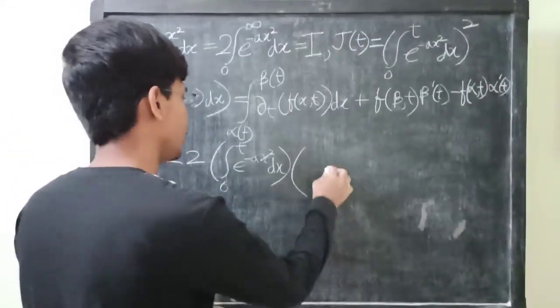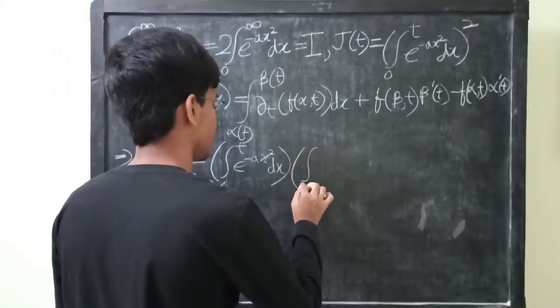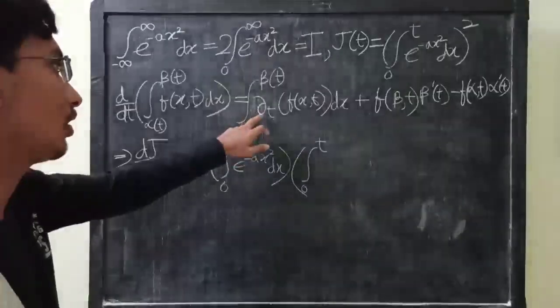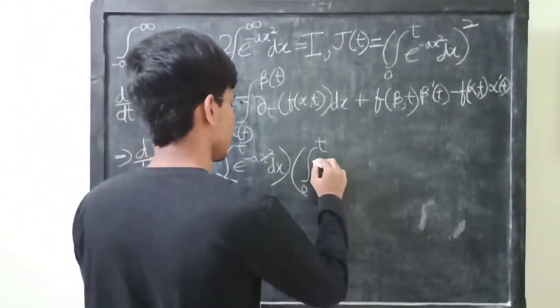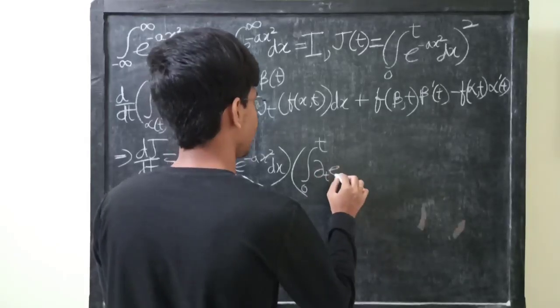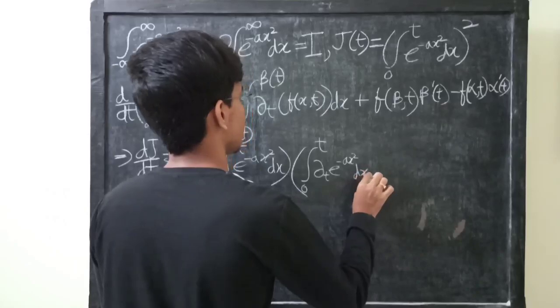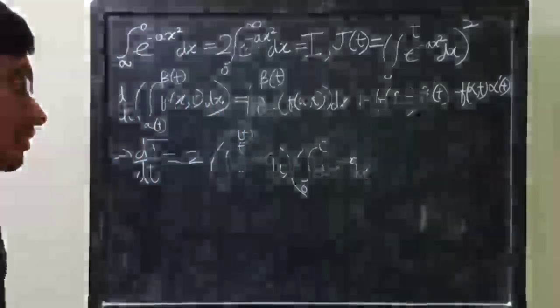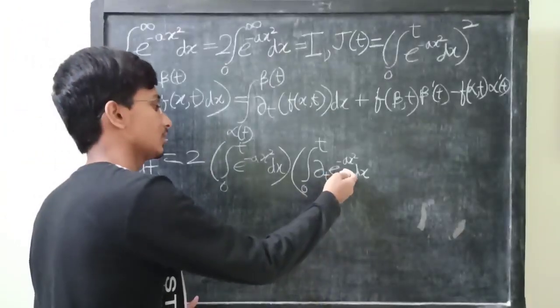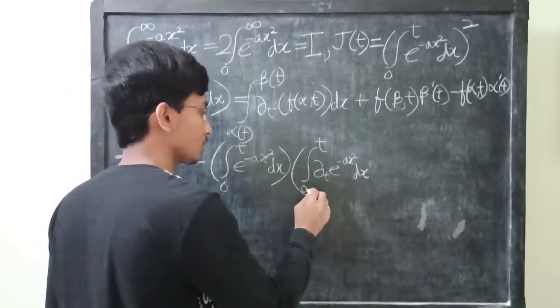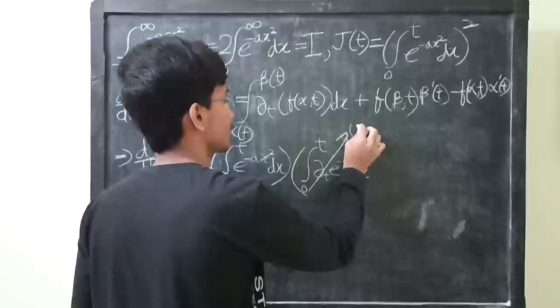So the first term will be the integration from 0 to t of the partial derivative with respect to t of the function inside, that is del by del t of e to the power minus a x square dx. Now as you can see, the function inside has nothing to do with t, so in the t world x is just a constant, so this whole term becomes 0.